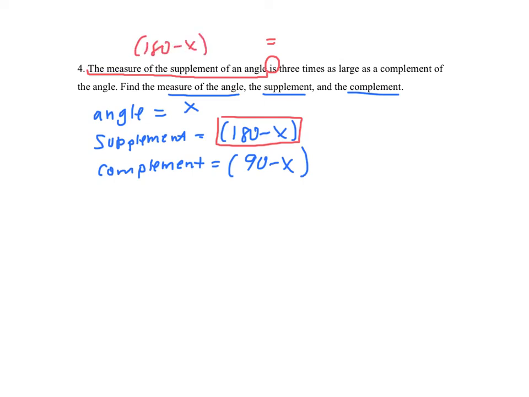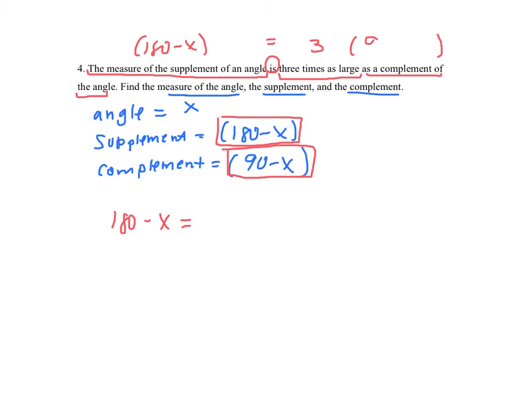So far our equation looks like this. 180 minus x equals. Now go for the next part. 3 times as large. So that means we're going to take 3 and multiply it by something. It says 3 times as large as the complement of the angle. And remember, we represent the complement of our angle by 90 minus x.